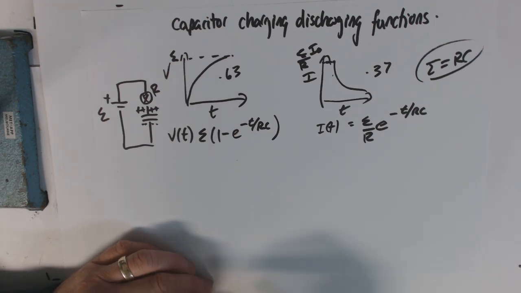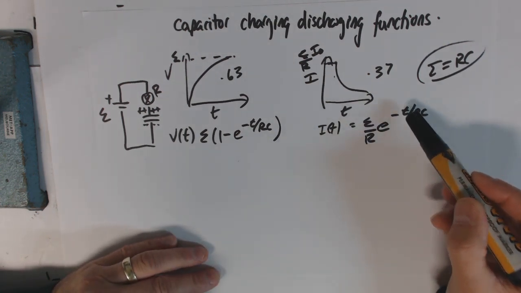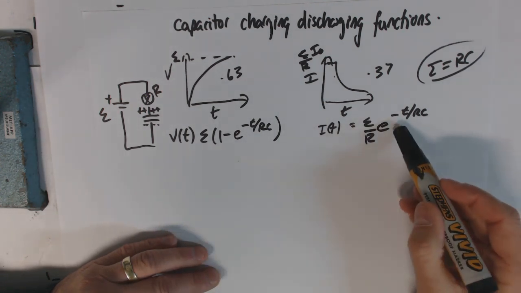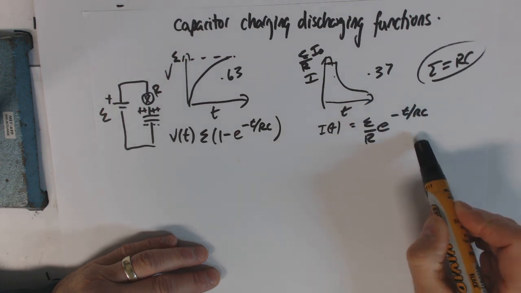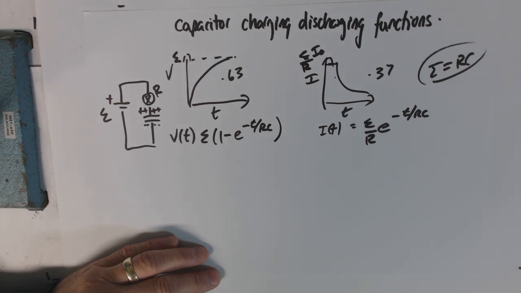If we look at these equations, we'll see when t equals the RC, we get e to the minus 1. E to the minus 1 is 1 over e. E is about 2.7, so 1 over 2.7 equals 0.37. So you see where you get the 0.37. When t equals 2 time constants, then we've got e to the minus 2, which is 1 over e squared, which is 1 over 2.7 squared.